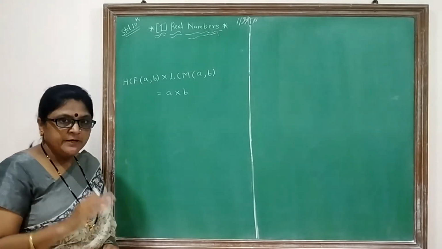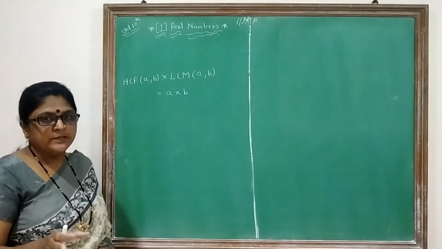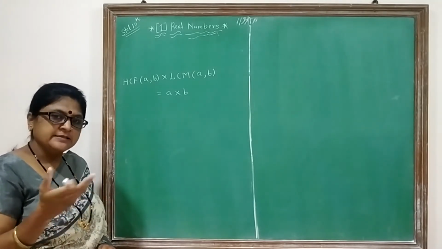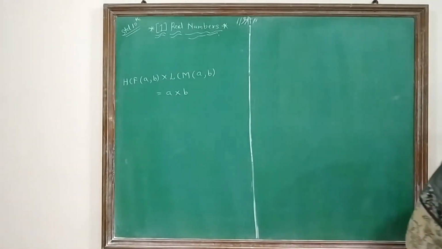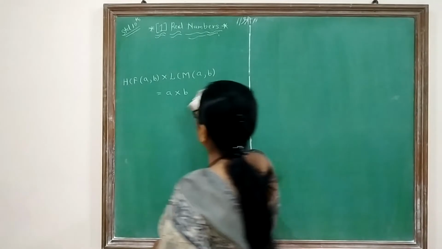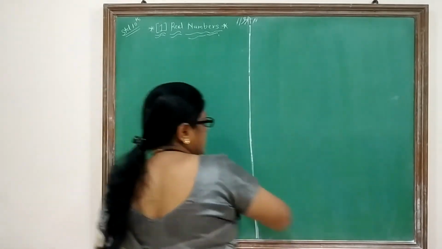It means HCF into LCM equals A into B, where A is any number and B is a second number.